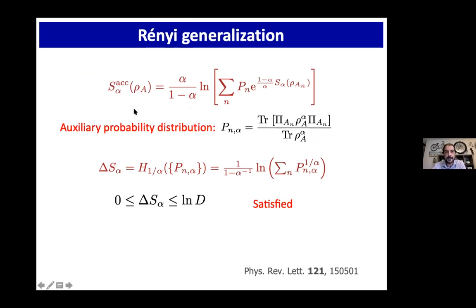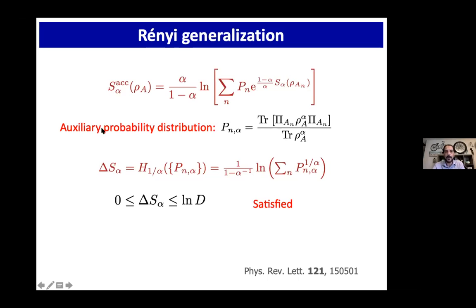And if we now look at this measure, if we write it in terms of the density of projected reduced density matrices and the corresponding alpha measure, or S alpha, of these matrices, it takes that form.